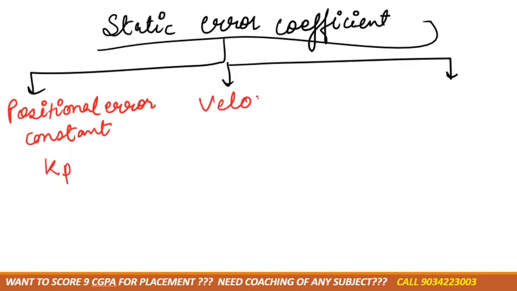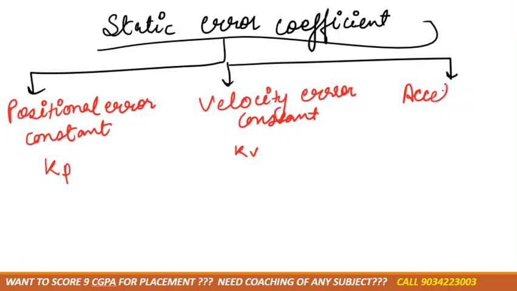Another one is the velocity error constant, denoted by Kv. Another one is the acceleration error constant, denoted by Ka.